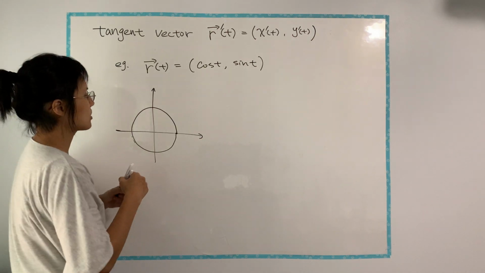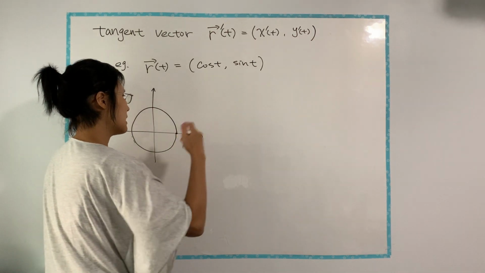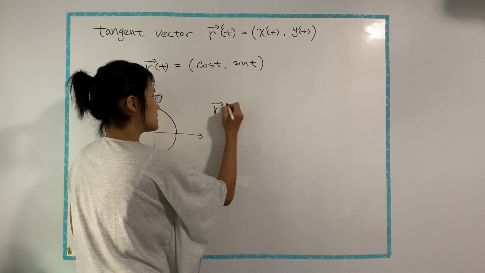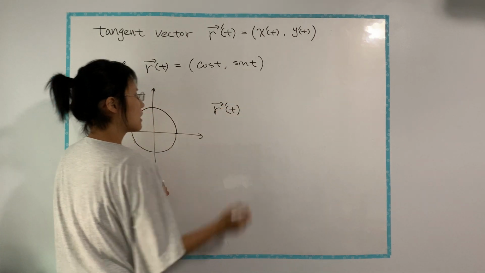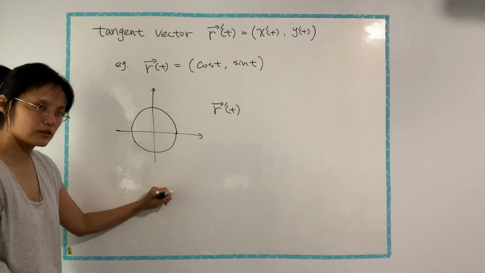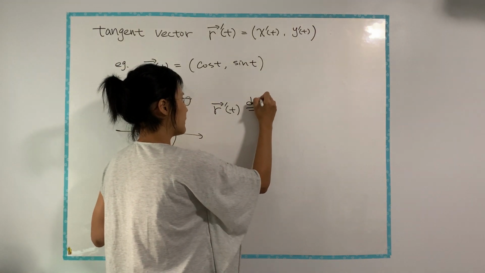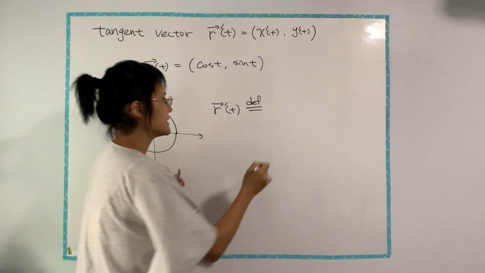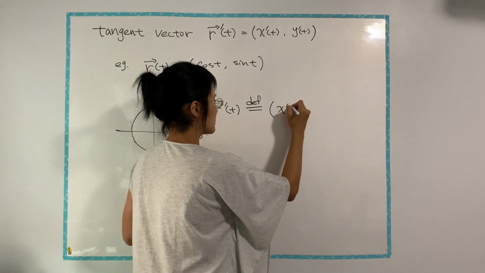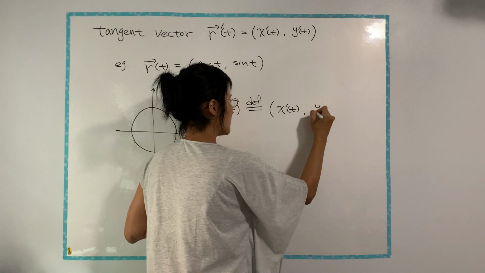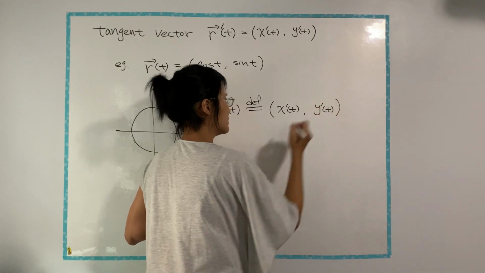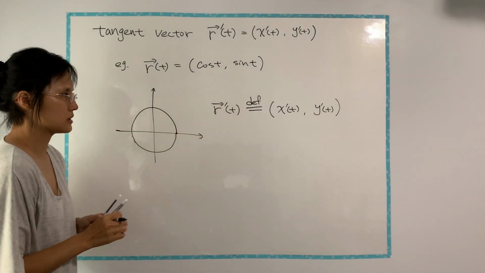All right. So now I can say I want to differentiate this vector valued function. The way we differentiate a vector valued function is we simply take the derivative of each component and put it together.